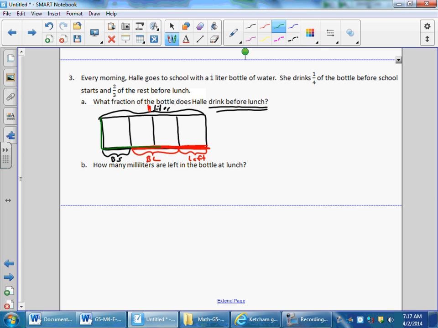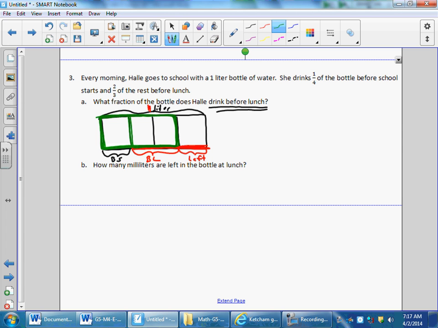All of this is before lunch. I know that fooled some people because they were just focused on this part, but the question is technical: you have to include that before school is also before lunch. All of this is before lunch on that day.